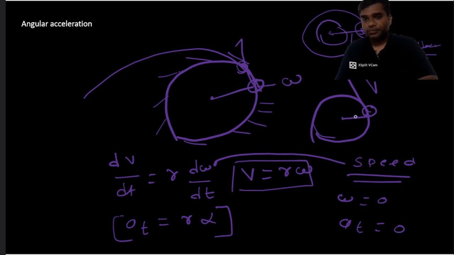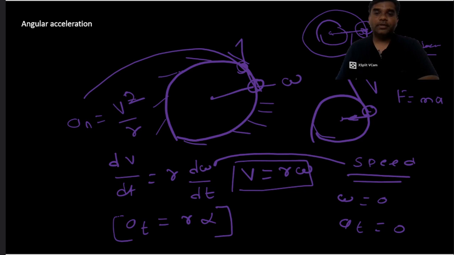So what is the force? Mass into acceleration. The body has some mass, so definitely in this direction if force is there, acceleration should be there, and this line is perpendicular to the tangential line, so it's normal to the tangential. We can say the acceleration is a_n, or normal acceleration, and the formula is v square by r.